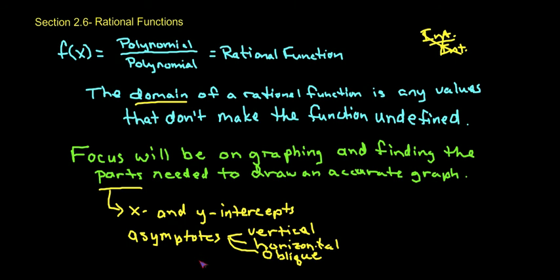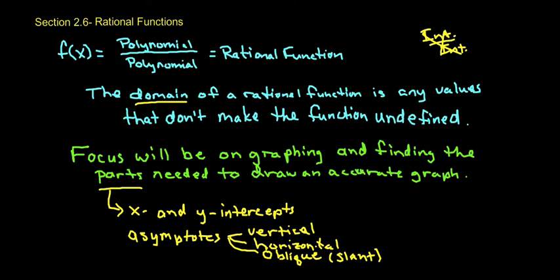There are three types of asymptotes we're going to deal with: vertical asymptotes, which run vertically up and down; horizontal, left and right; and oblique, which if you think in terms of a slant or a slope, are that type of asymptote. So that's all each of those things are.